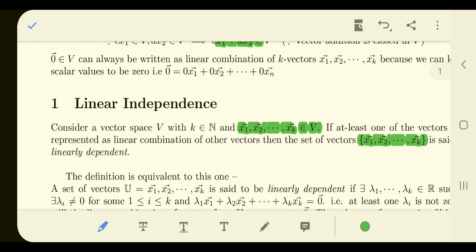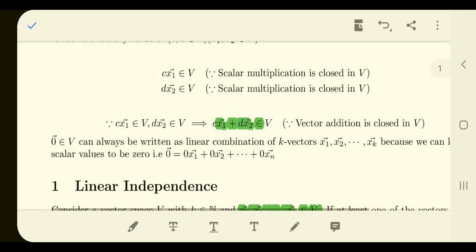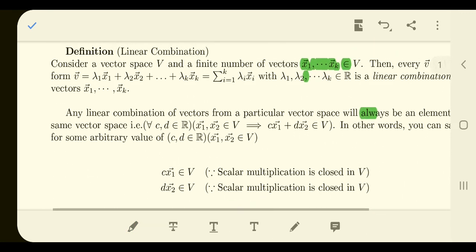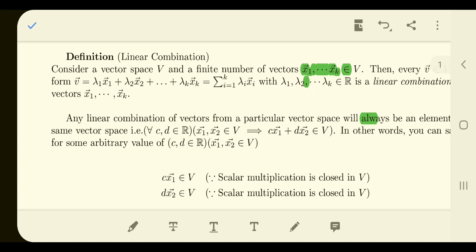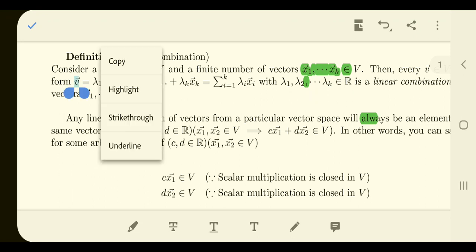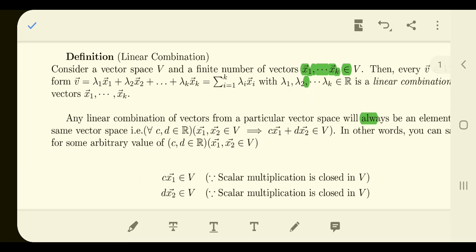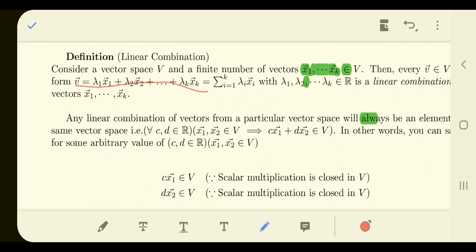So you want to find a single vector that can be written as a linear combination of the other vectors of the same set.